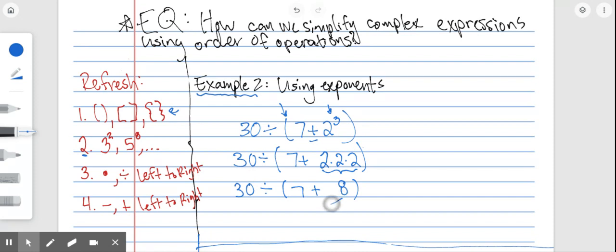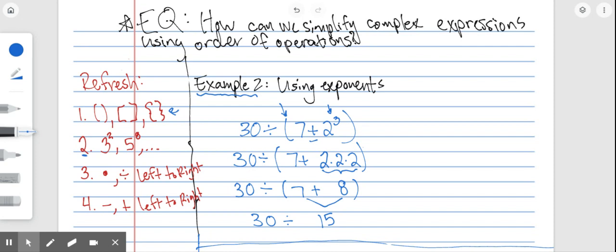So I'm going to do 7 plus 8, which is 15. Now that I've done all the operations inside, the parentheses can disappear. They can drop because I don't need them anymore. Then I'm going to rewrite 30 divided by 15. Remember, I rewrite so that I don't forget any of the steps, any number. I don't accidentally lose it.